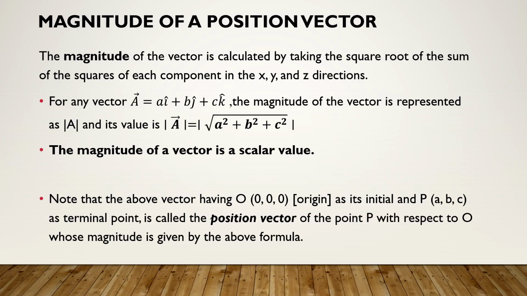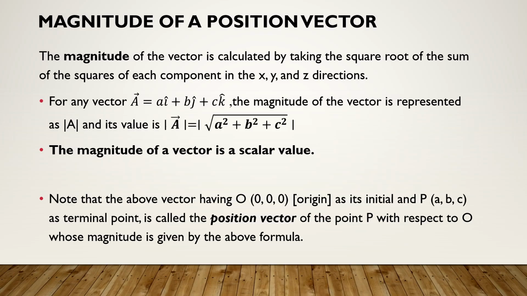The formula for calculating the magnitude of a vector: suppose you have a vector A equal to a i cap plus b j cap plus c k cap, then the magnitude is given by mod A equals root of a square plus b square plus c square, and you can see that magnitude will be a scalar quantity.